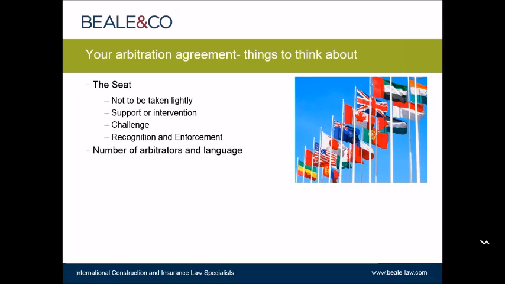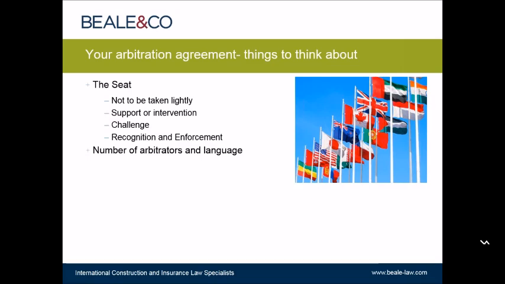You will want to ask yourself, what is the attitude of the national courts towards arbitration? Now, local courts can either be supportive or interventionist in their approach to arbitration. For example, in an arbitration seated in England, if the courts are to intervene, they will generally do so to support the arbitral process.